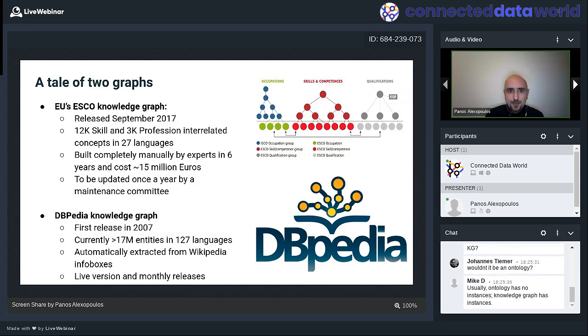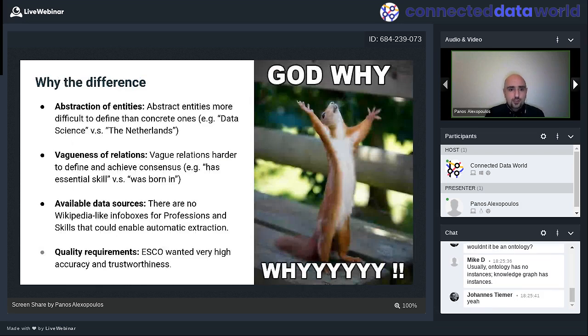Okay. So one big difference between the two graphs is that the ESCO graph has to deal with abstract entities. Professions and skills can be quite hard to really define in a clear and crisp way.